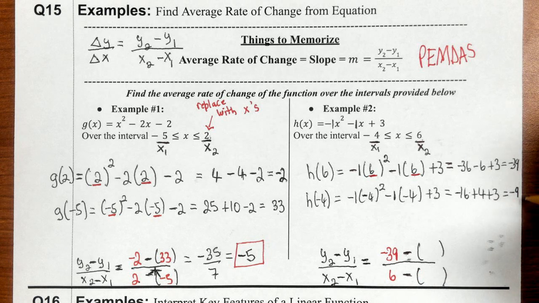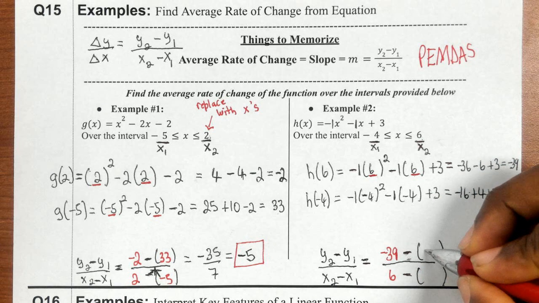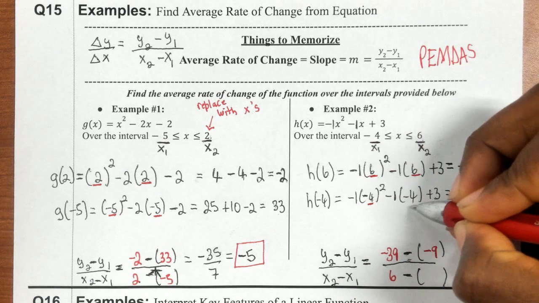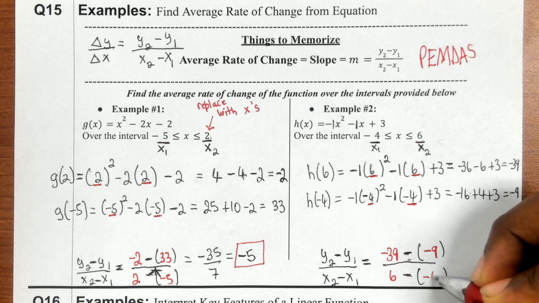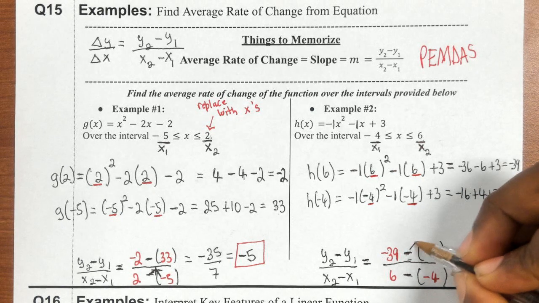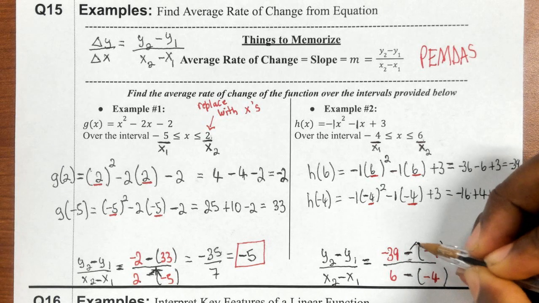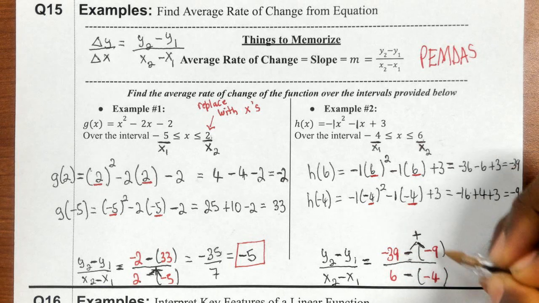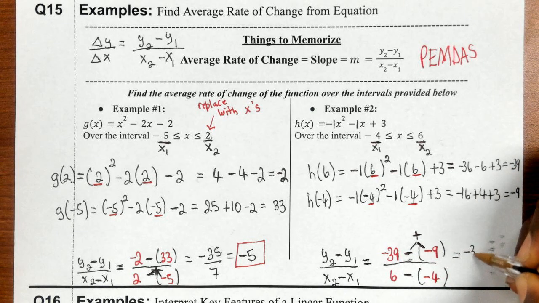So again, when I plugged in negative 4, I got negative 9. So my y1 is negative 9, and the x that goes underneath it is negative 4. So now I calculate. I see a negative beside another negative, so that's going to turn into a positive. So negative 39 plus 9 is negative 30.